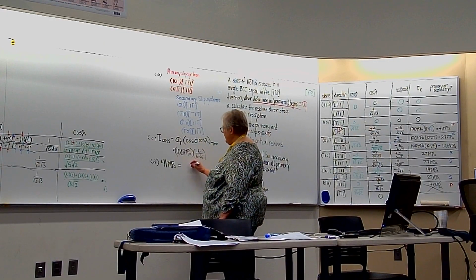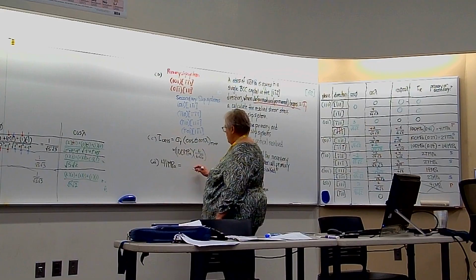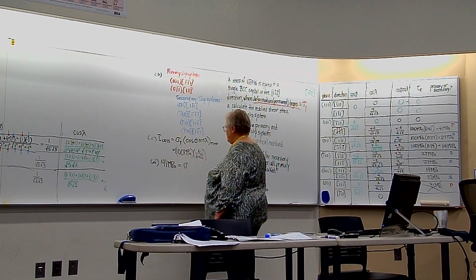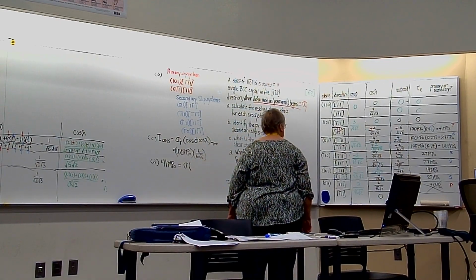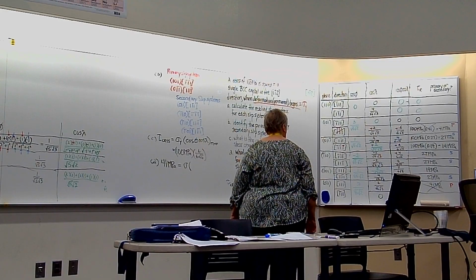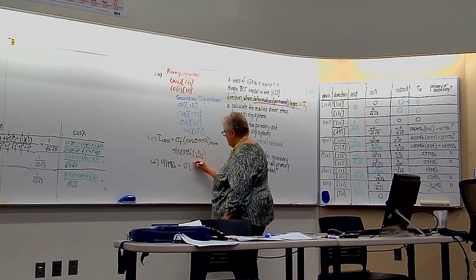So that should be equal to whatever the applied stress is, and it's going to be bigger than the yield strength, times the value of cosine phi cosine lambda for secondaries.